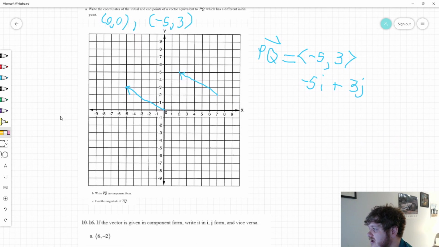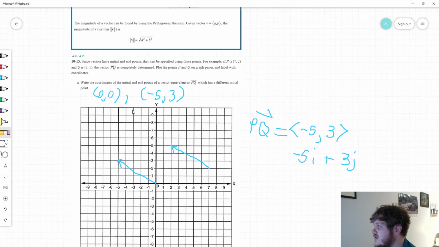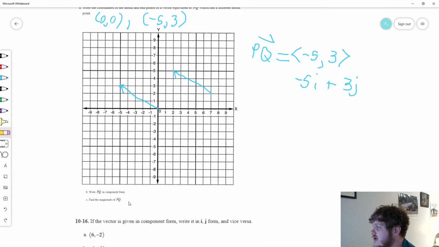For part B, we have to write PQ in component form, which we have already done. And last but not least, for C, we need to find the magnitude of it, and we'll use the Pythagorean theorem, or the formula for finding the magnitude of a vector. If we look at PQ, it is -5, 3.